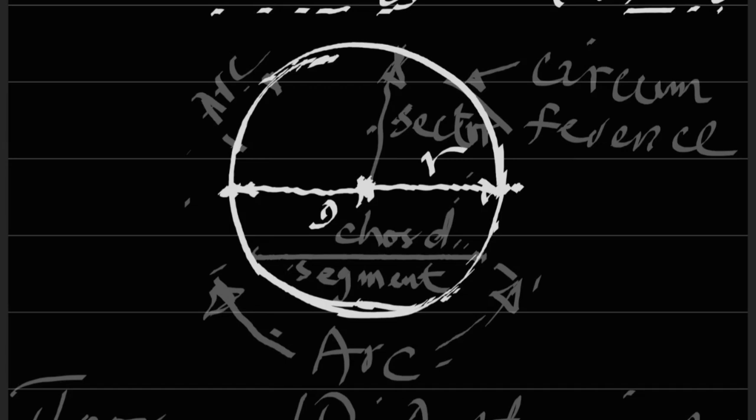If you have another radius, that is, you have a radius here, you have another one here. The two of them we call the two radii. So the two radii give us a space here. This space is called sector. Please, these things are very important. That's the sector.